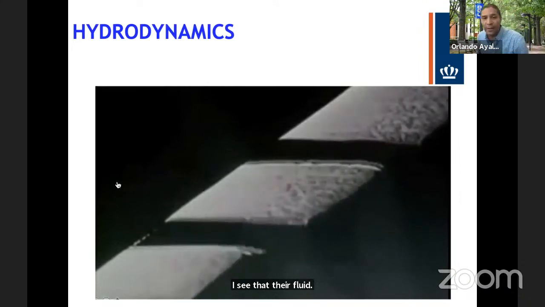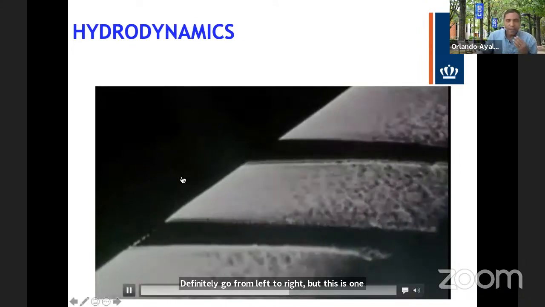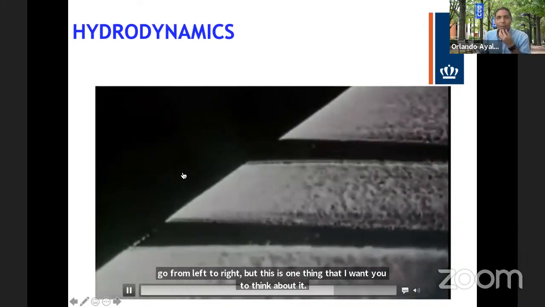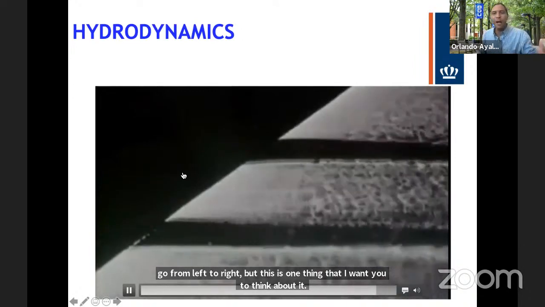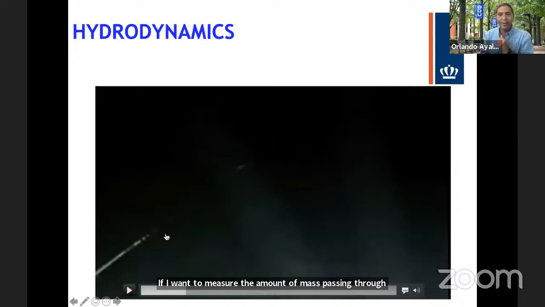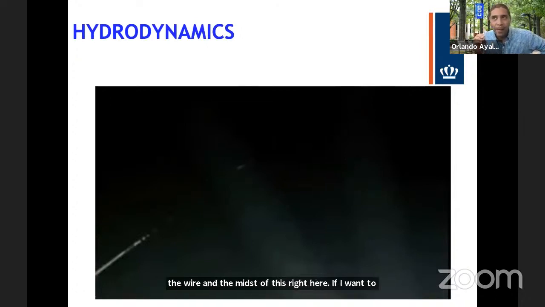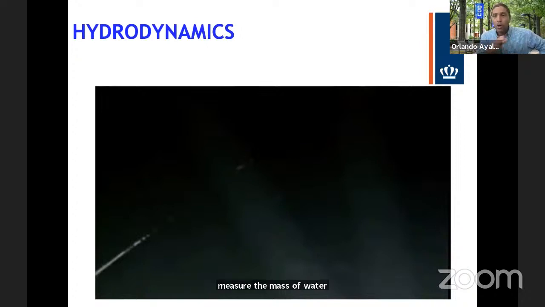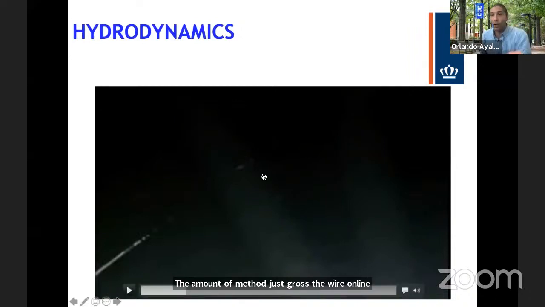But this is one thing that I want you to think about. If I want to measure the amount of mass passing through the wire, and let me stop this right here, if I want to measure the mass of water crossing the wire, all I need to do is to get a chronometer.